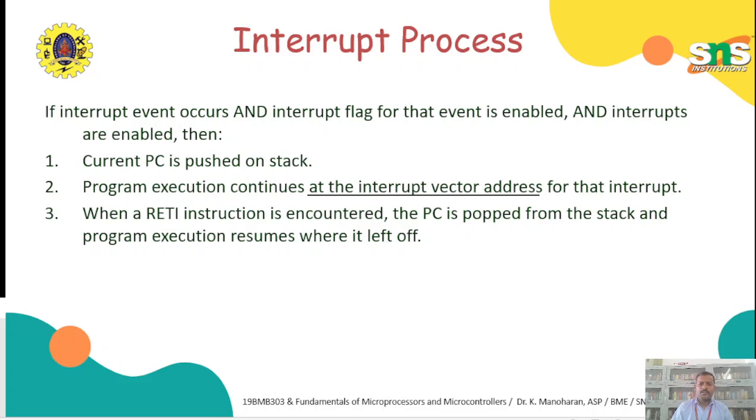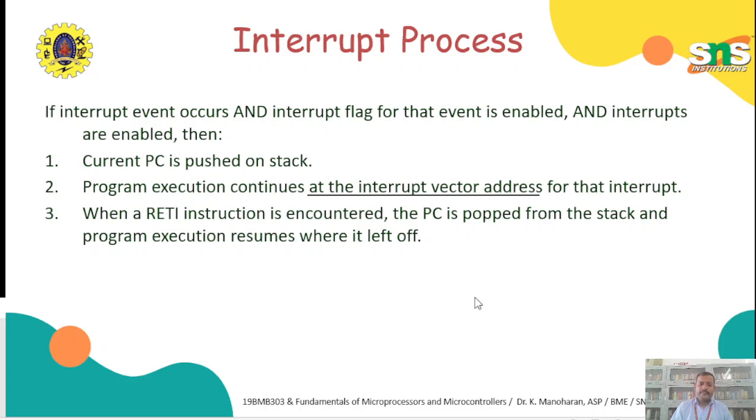The microcontroller stops that execution and runs the interrupt service routine. For example, if fire is detected, we need to turn on a siren to alert all the people. So the microcontroller stops the current execution and runs the interrupt service routine, which is making the siren. After making the siren, it needs to come back to the main program. So this is the actual interrupt process.